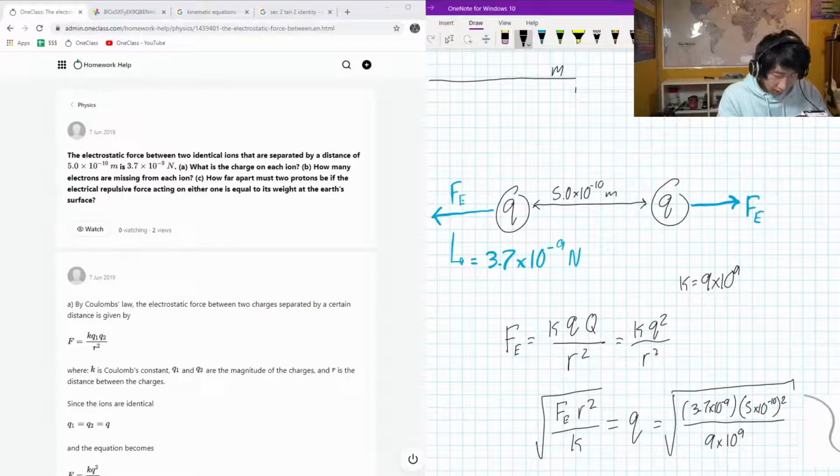So we have 3.7 times 10 to the power of negative 9 times 5 times 10 to the power of negative 10, squared, and then divided by 9 times 10 to the power of 9, and the result of this whole thing is under the root.